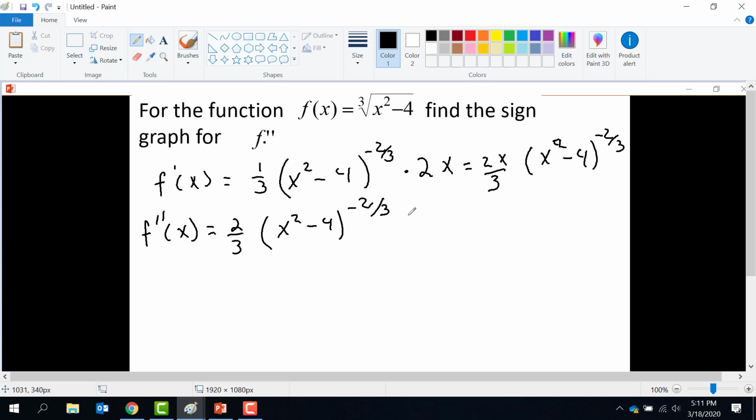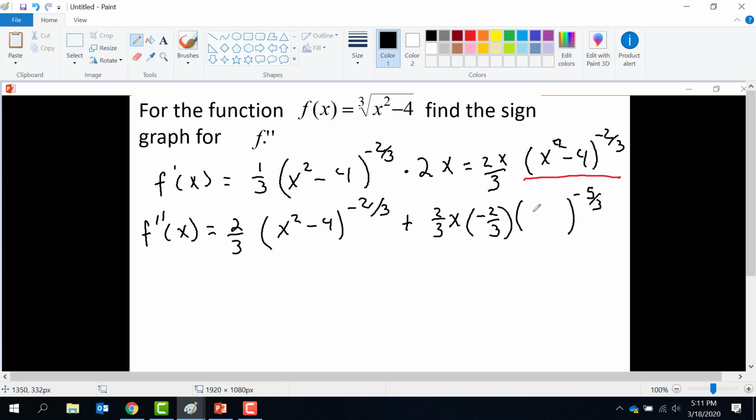And then plus, we leave the 2/3 x alone, and we take the derivative of this piece. But this piece right here is a composition, a power function. Inside the power function we have x squared minus 4. So we're going to bring down the exponent, and we'll get a negative 2/3. And then we will take one away from the exponent, and negative 2/3 minus 1 is negative 5/3.